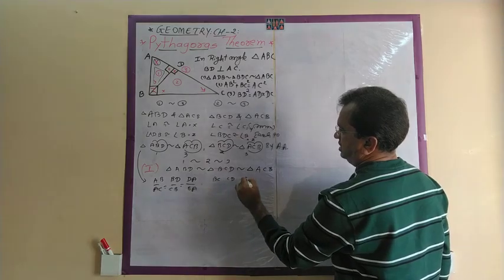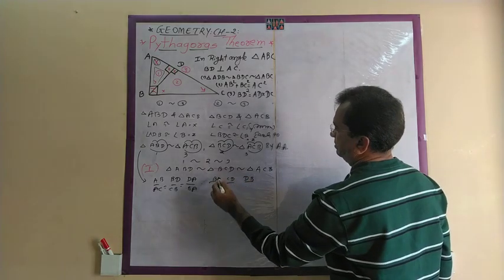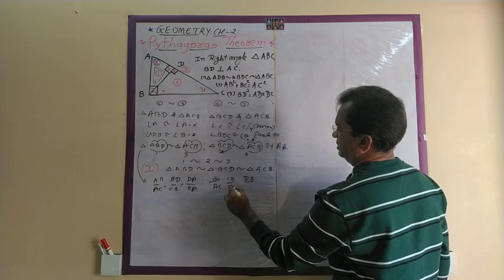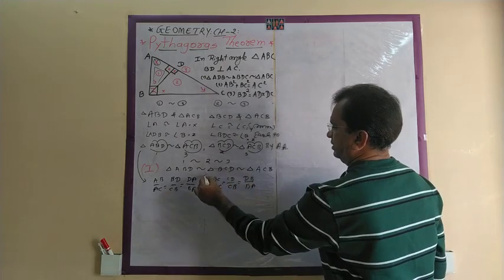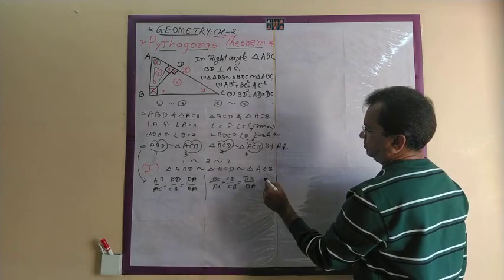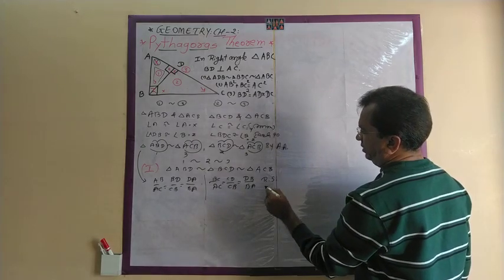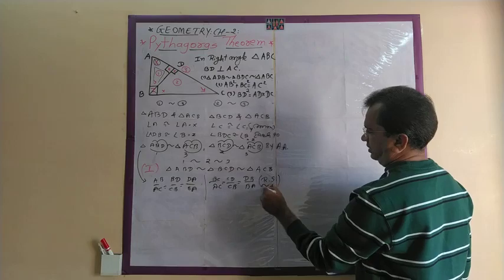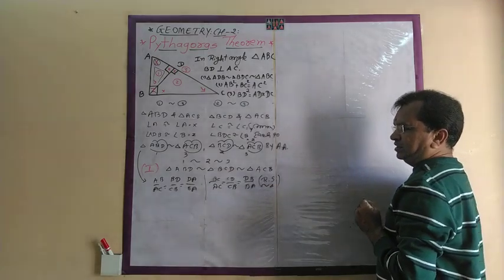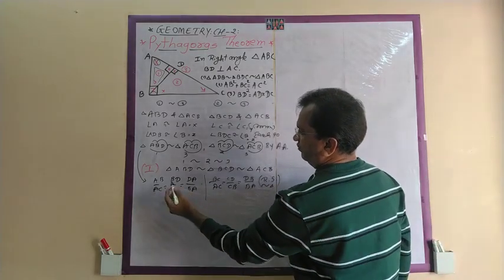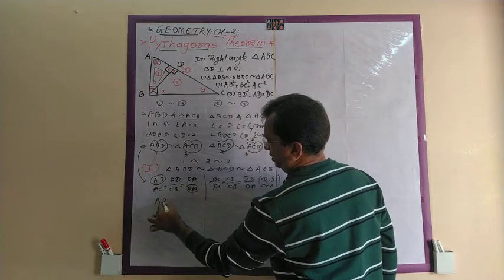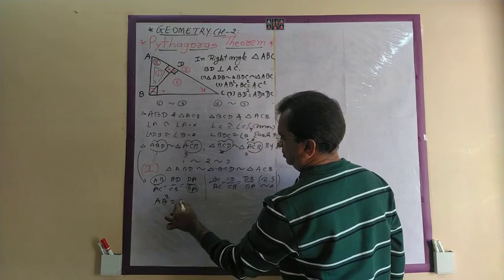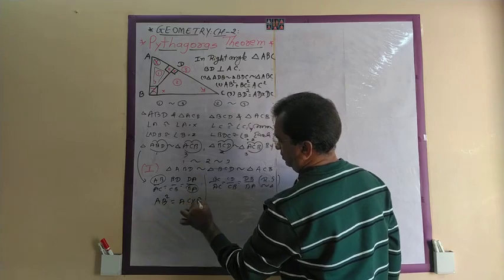BC, CD, DB. AC, CB, BA. Correct? Ratio of sides of similar triangles. Now here you will find AB. So AB square is equal to AC into AD.